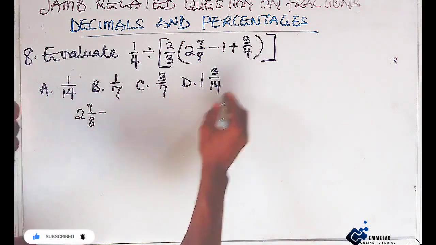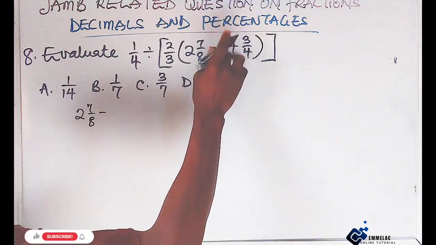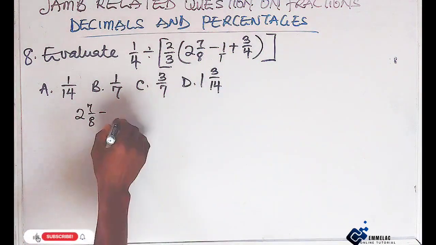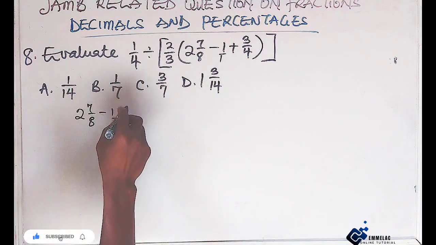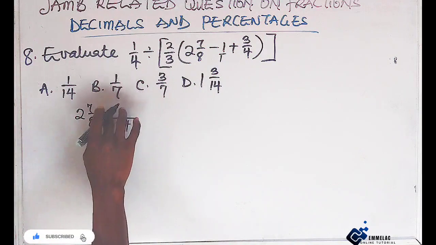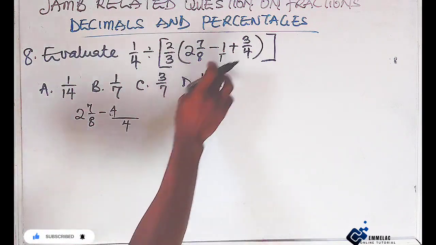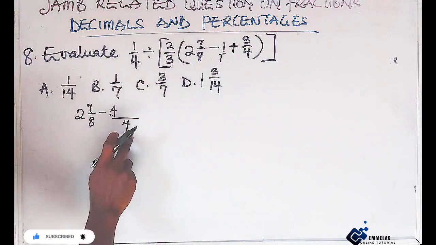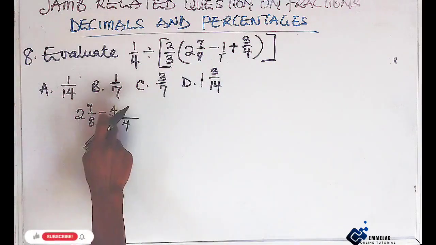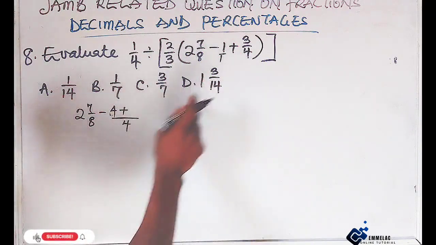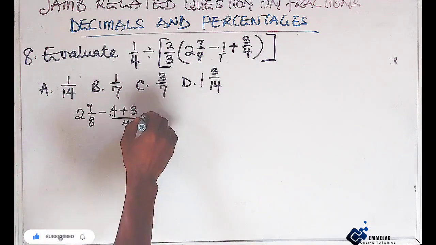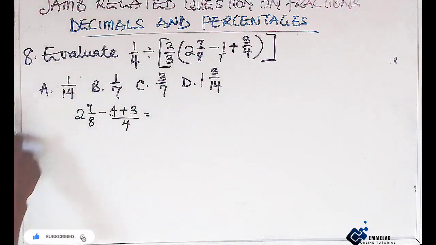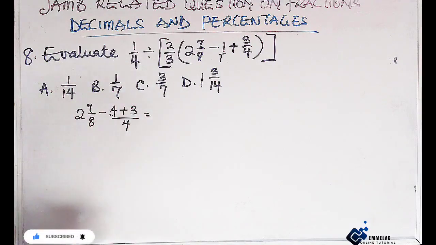Take note that this is 1/1, and when we find the LCM, that will be 4. Because 4 divided by 1 is 4, 4 times 1 is 4, then plus 4 divided by 4 is 1, 1 times 3 is 3. We can change this one to an improper fraction.